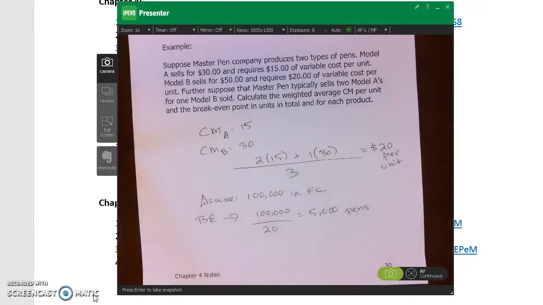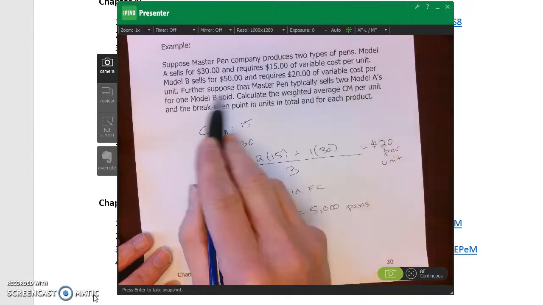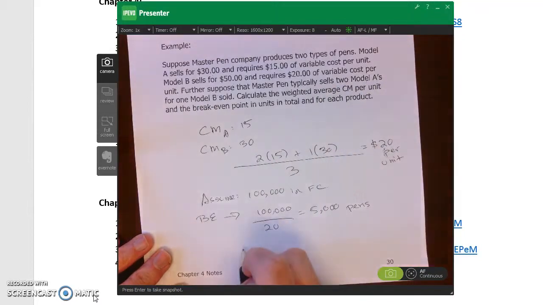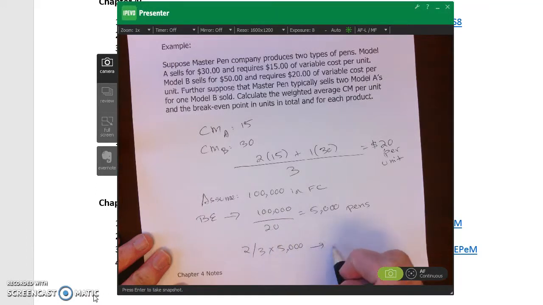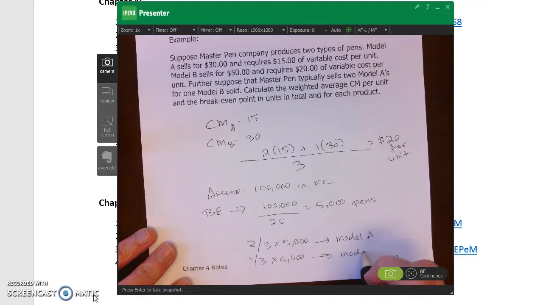But that doesn't tell us how many pens are Model A and Model B. Well, we can use our sales mix to do that. We can see 2 out of every 3 are Model A. So 2/3 times the 5,000 is how many you have to sell for Model A, and then 1/3 times the 5,000 is how many we have to sell for Model B.